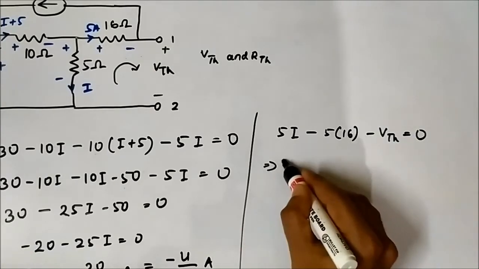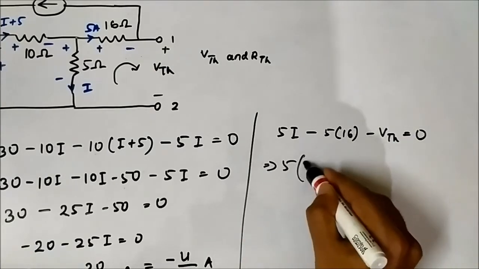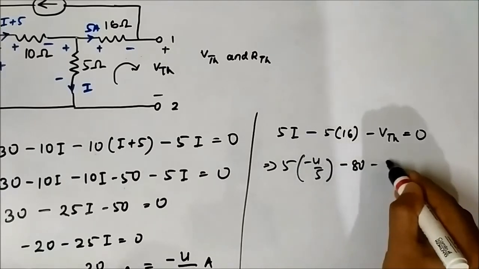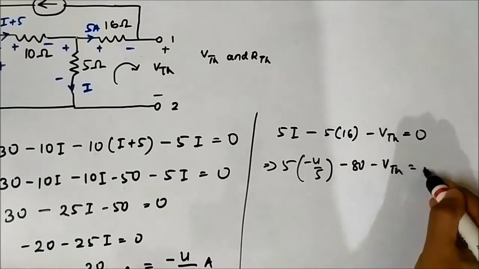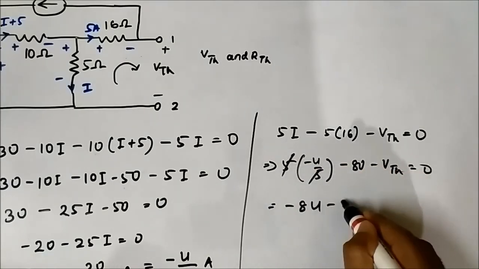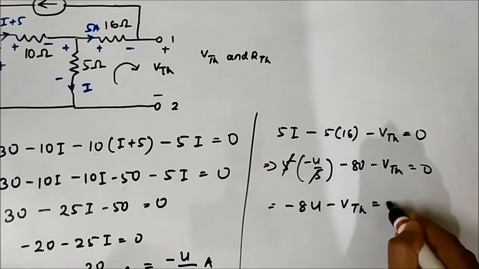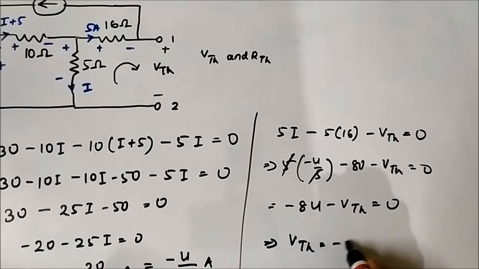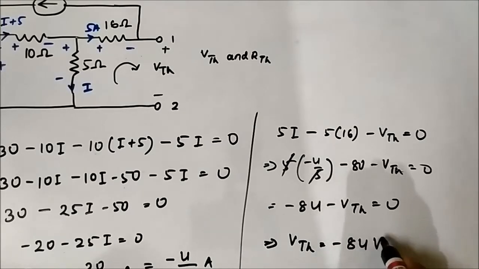That implies 5 times I, which we got as minus 4 by 5, minus 80 minus VTH is equal to 0. Cancel, so minus 84 minus VTH is equal to 0, or VTH is equal to minus 84 volt.